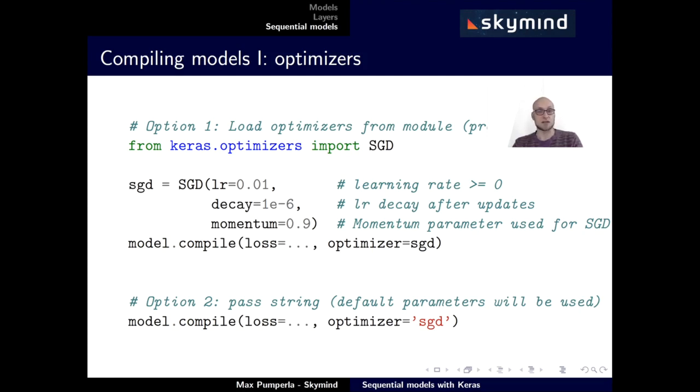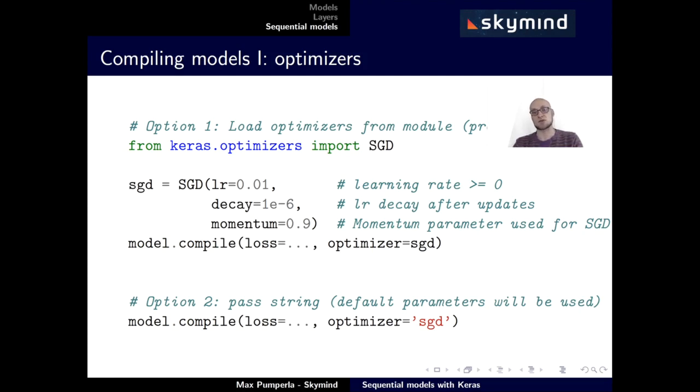Then we instantiate an SGD object by specifying a few parameters. So for instance, here we set the learning rate to 0.01 and also put a decay factor that will decrease the learning rate after each parameter update.